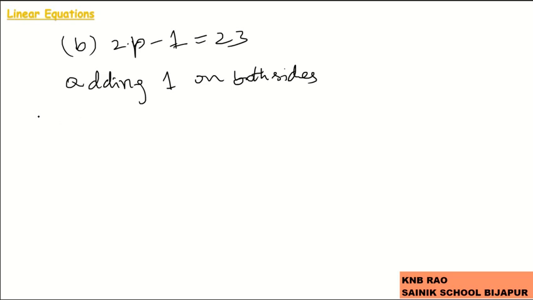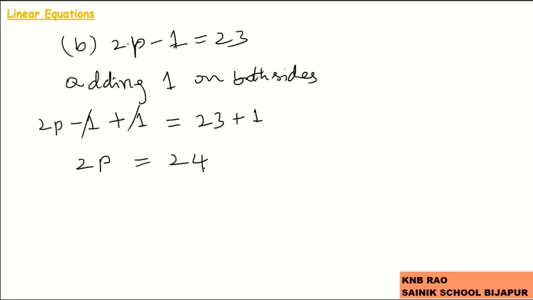That means 2p minus 1, if I add 1, minus 1 gets cancelled with this plus 1, and on the right hand side 23 plus 1 will be there. So, on cancellation on the left hand side I have only 2p, and on the right hand side simplifying 23 plus 1 gives us 24.